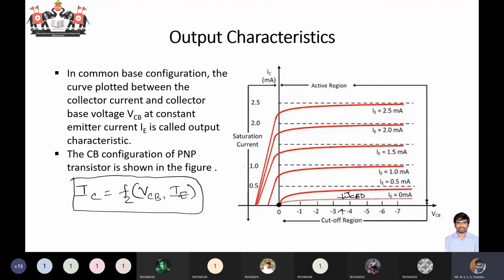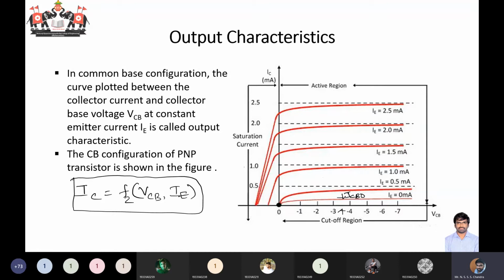Negative values. Why is VCB negative? In reverse bias, your collector base junction should be in reverse bias, right? So that's why on the x-axis you are seeing the graph in negative values.